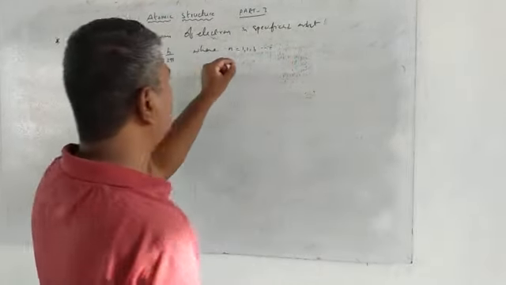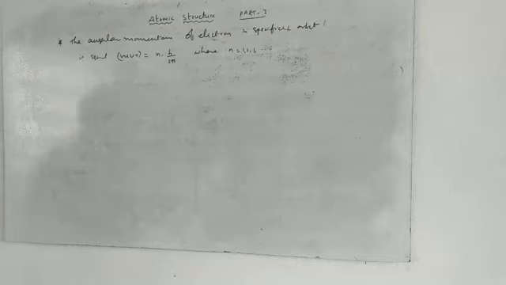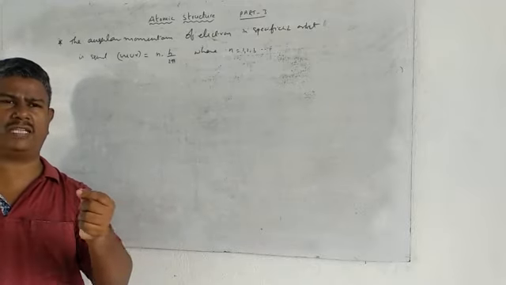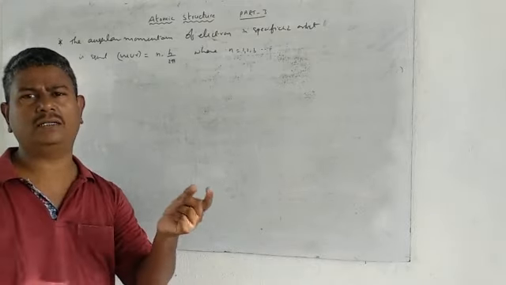That is, it is in simple integral multiples of h by 2π. So the angular momentum: linear momentum is defined as which one? The product of mass and velocity.